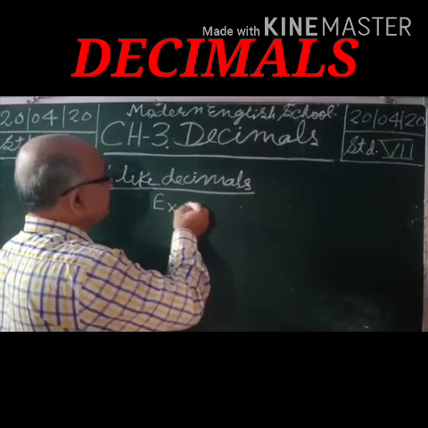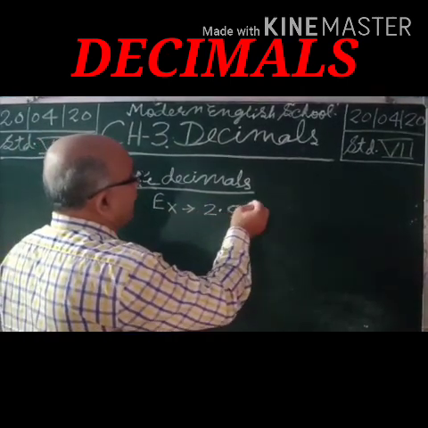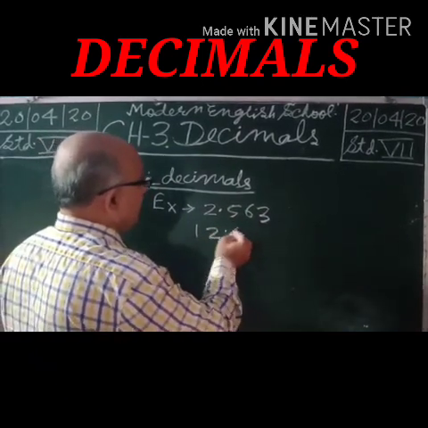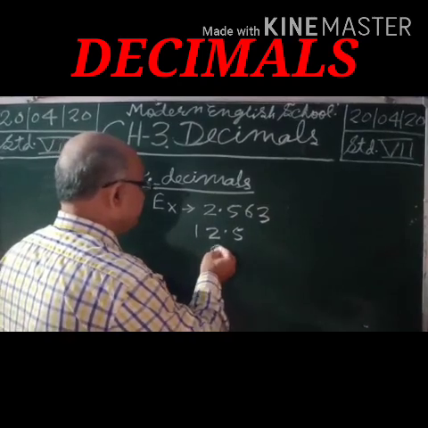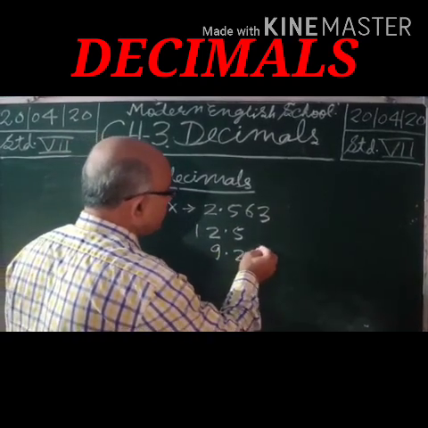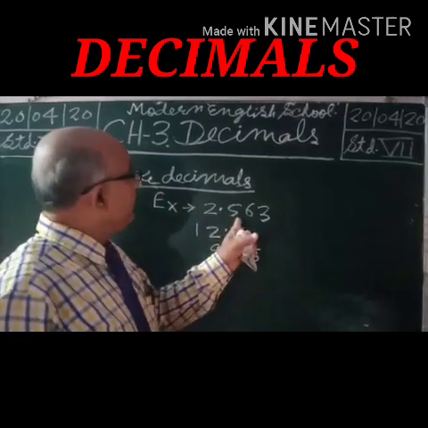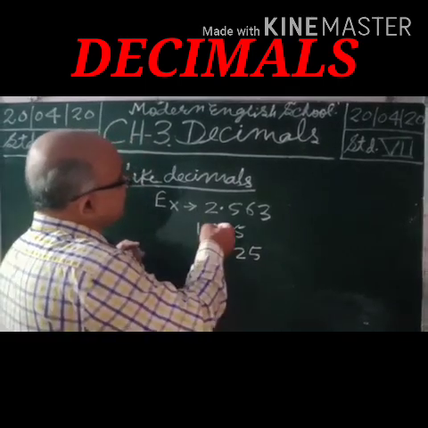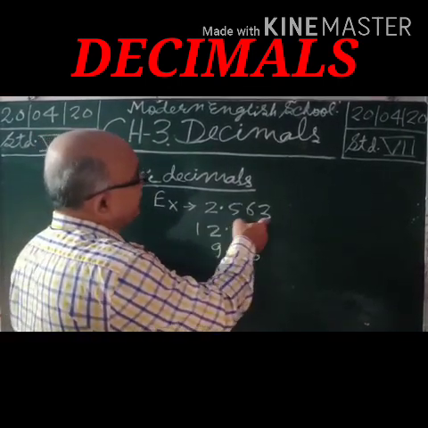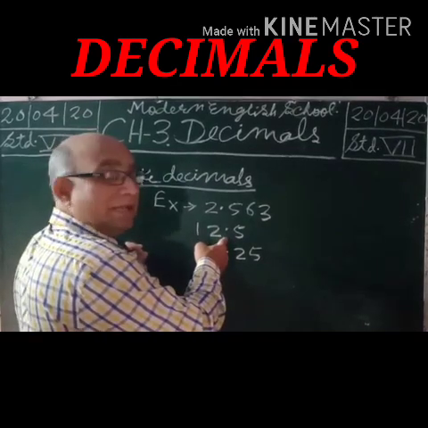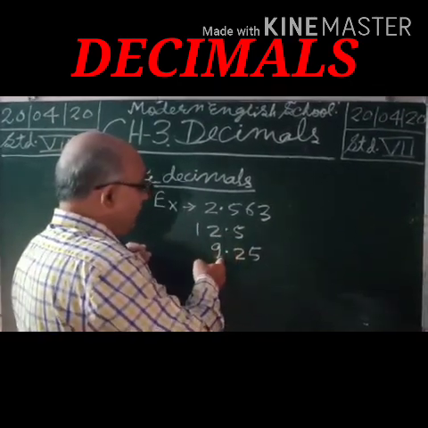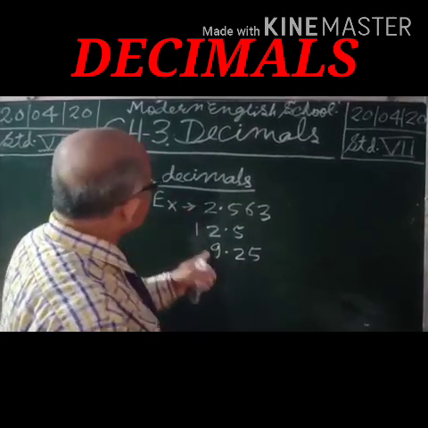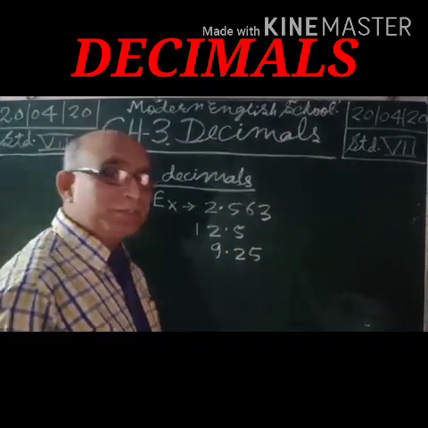Example: 2.563, 12.5, 9.25. Here 3 decimal numbers. Write on your board. First decimal number has 3 decimal places. Second decimal has 1 decimal place, and third decimal has 2 decimal places. So these are the examples of unlike decimals.